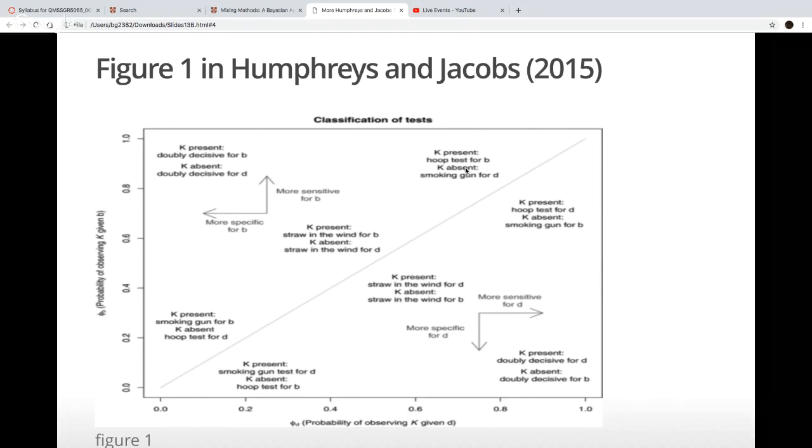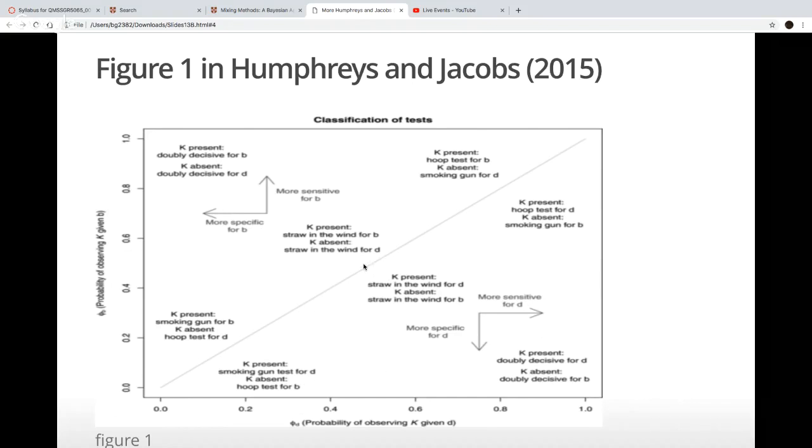Maybe a little bit, but not a whole lot. Whereas if K is equal to 0, then this becomes a smoking gun test for D. And the same, but reflected across the line, in these other places.